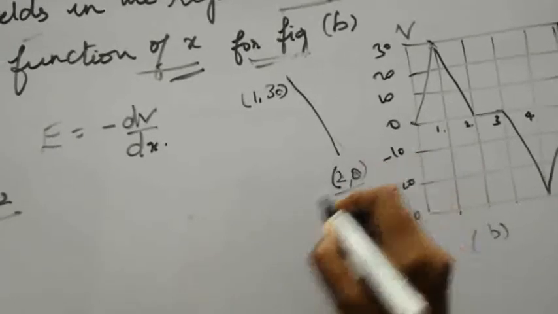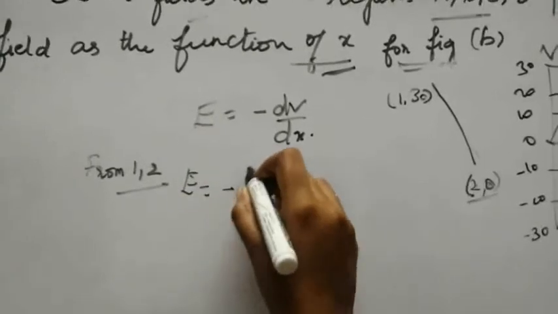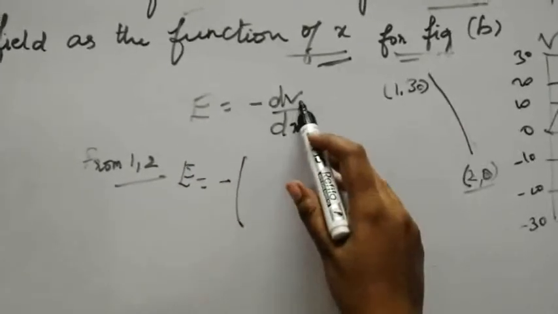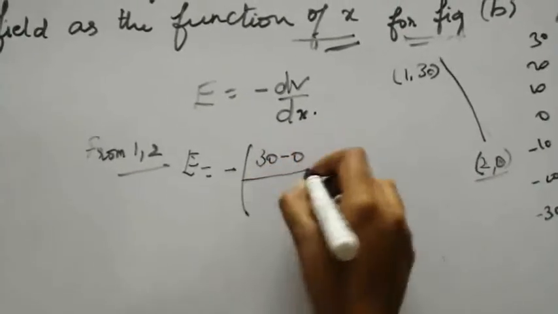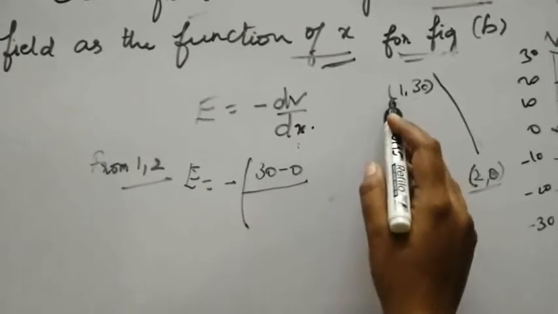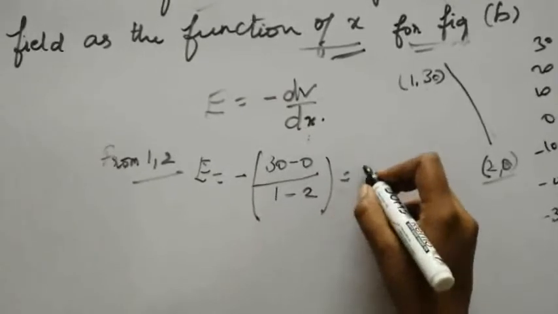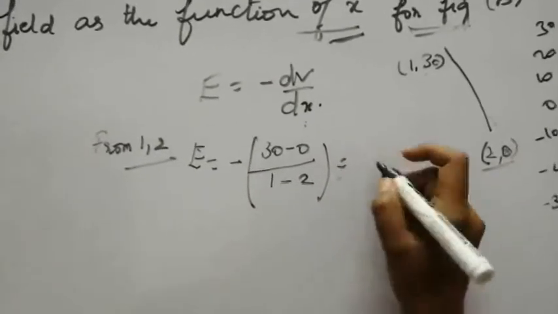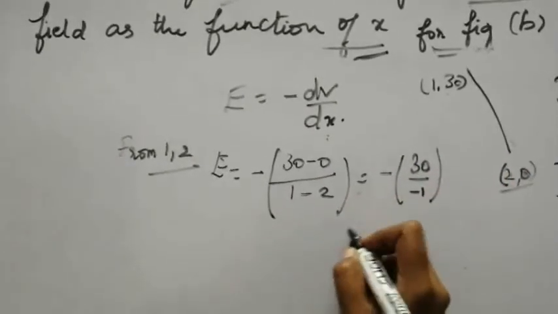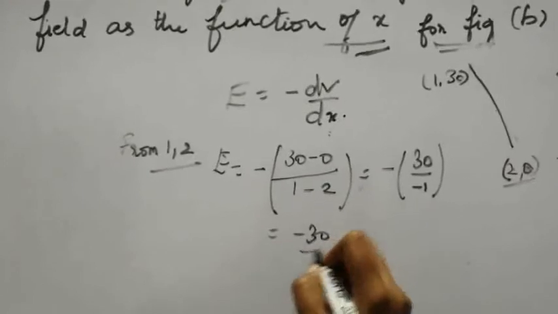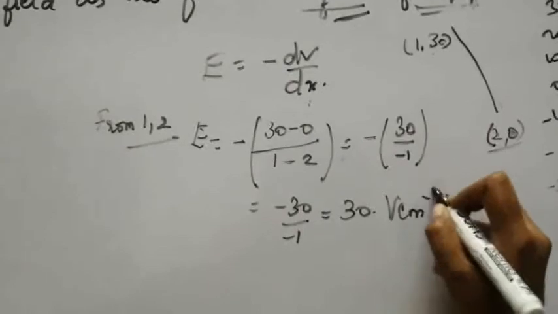So 2, 0. E equals minus of change in volt, 30 minus 0, divided by change in x, 1 minus 2. So it is minus of 30 by minus 1, which is simply 30, again volt per centimeter.